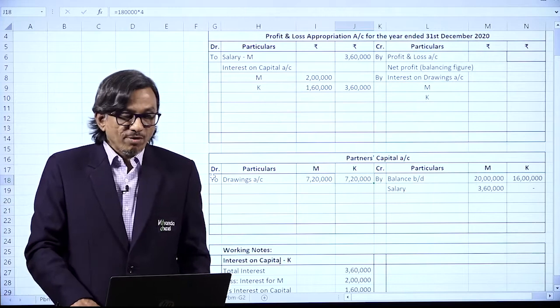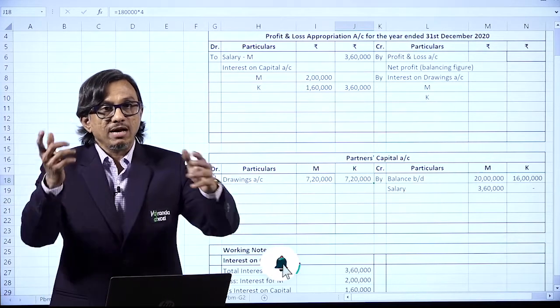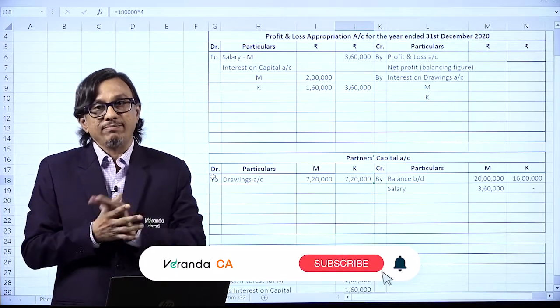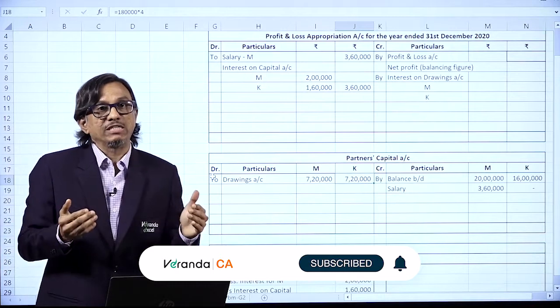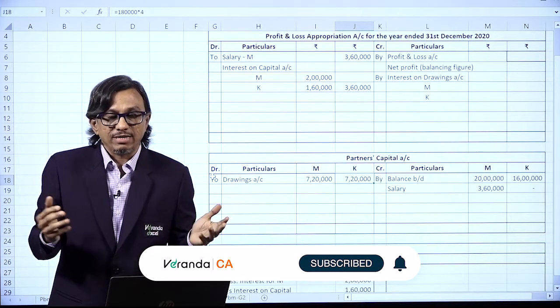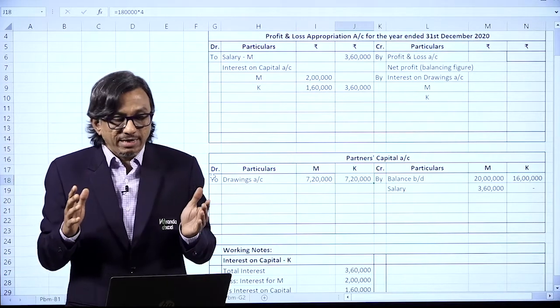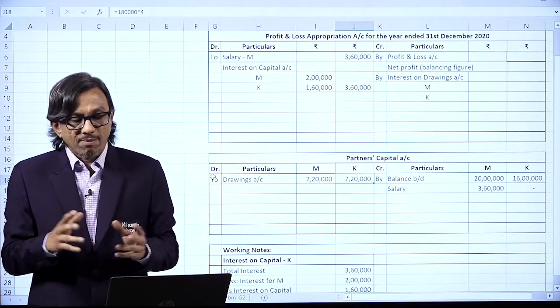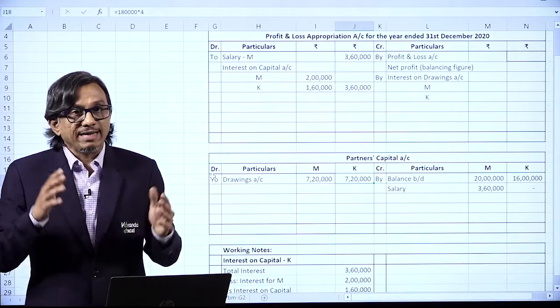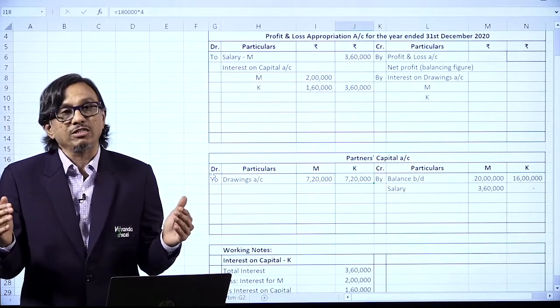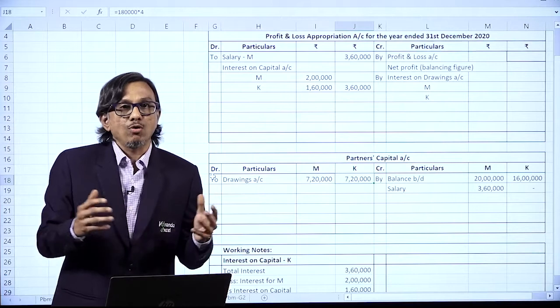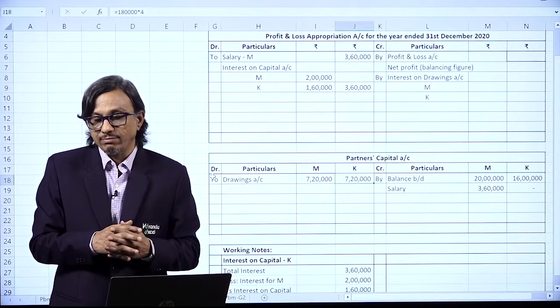As you know, if a partner withdraws an amount regularly at regular frequency, it is easy to calculate interest on drawings. Particularly in this problem, M has withdrawn 60,000 at the end of every month. So, how do you calculate the interest?